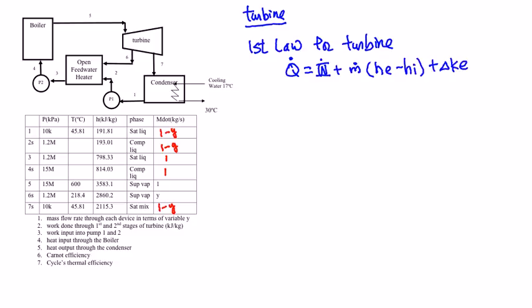We neglected potential energy. In this particular case, since velocity is not given, we're going to assume the change of kinetic energy is 0. We're going to assume that the turbine is adiabatic. So the governing equation we have left is W dot.